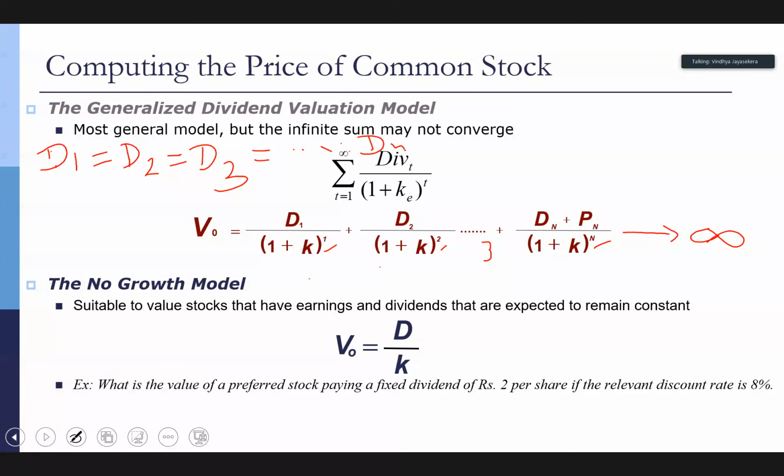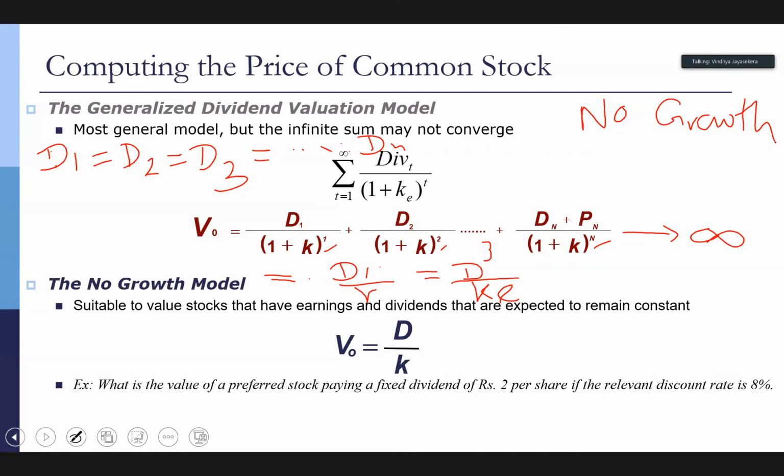If the dividends are equal to each other, then this equation condenses itself to D1 divided by my required rate of return or cost of equity. Same thing, just the notation, cost of equity. Okay? Cost of equity. So this model we call the no growth model, and you will see why we call it the no growth model as we go along today.